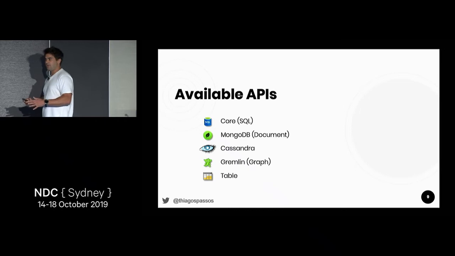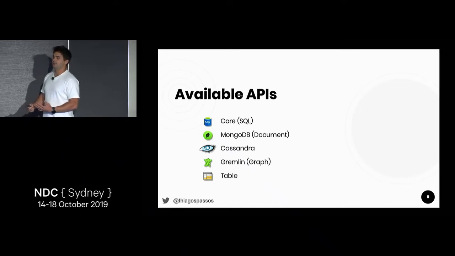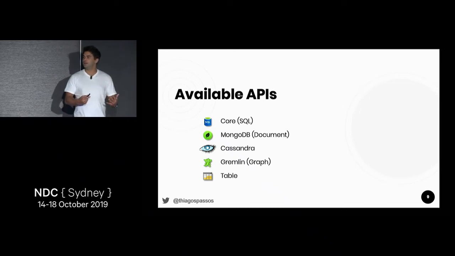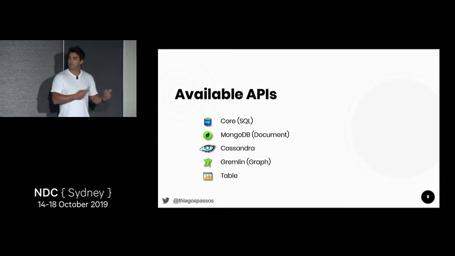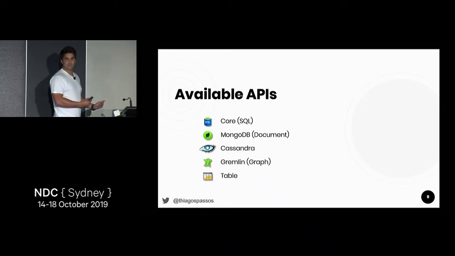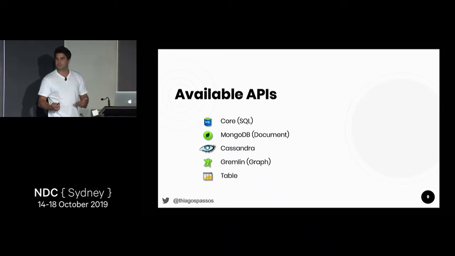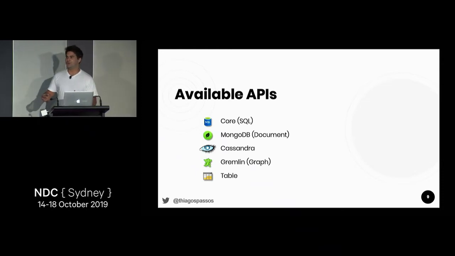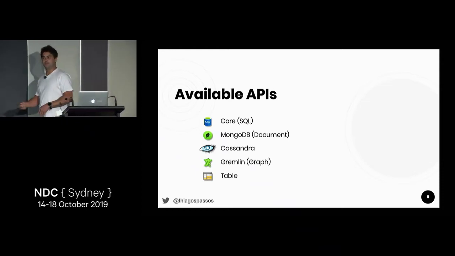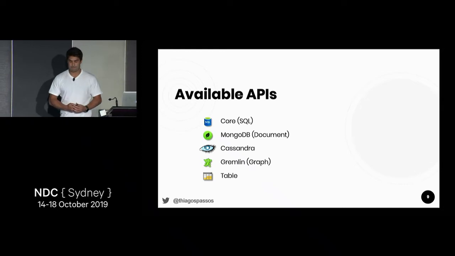And the cool thing about having all these different APIs is I don't need to learn something new to talk to a document database. I can use the knowledge that I already have, which is SQL, to talk to Cosmos DB. But the cool kids coming from uni right now, they know MongoDB, they know Cassandra, so they can use that as well, right?